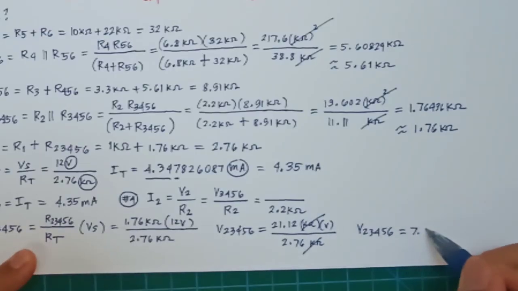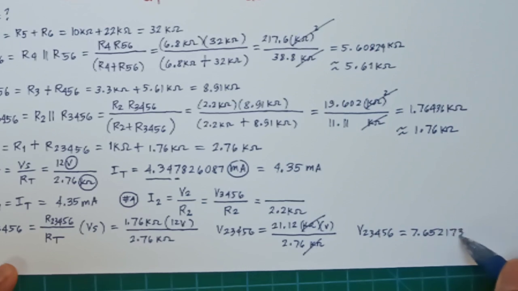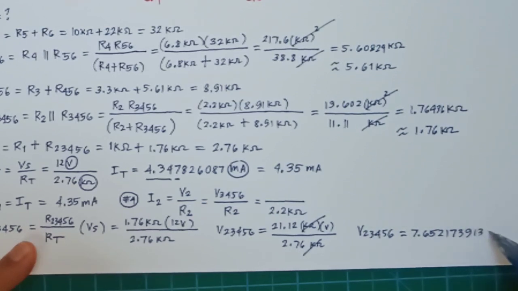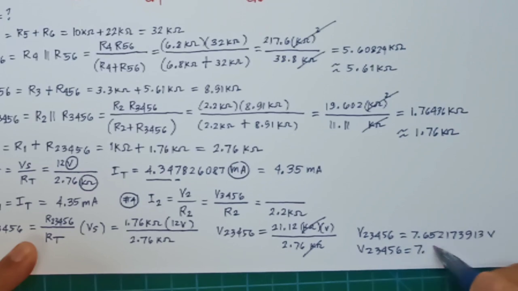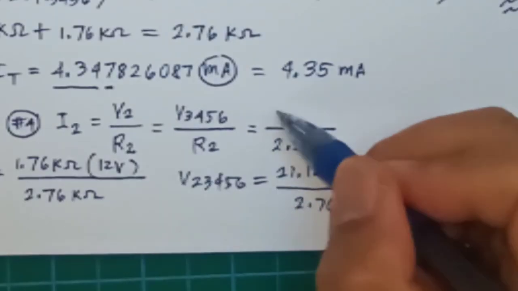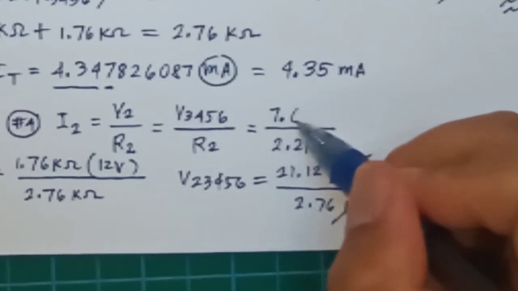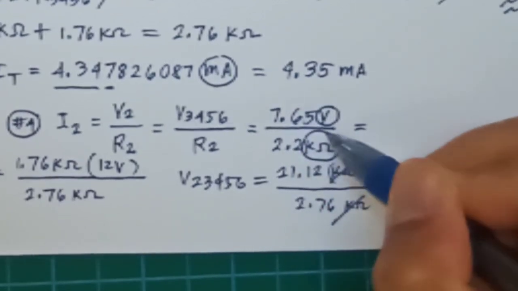We would get the value of 7.65217391 volts, and let's round it to 7.65 volts. So that would be V23456, also V2, also V3456.